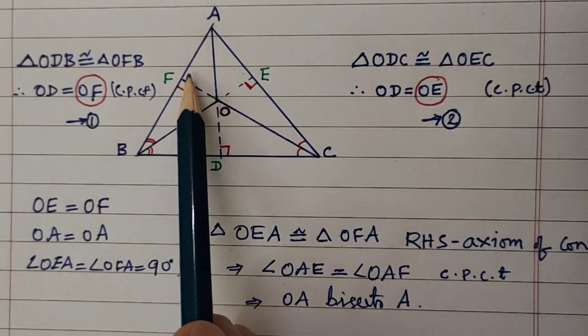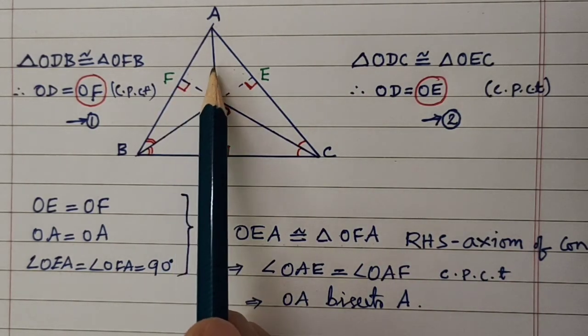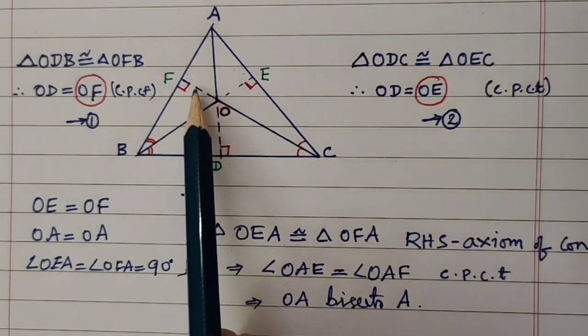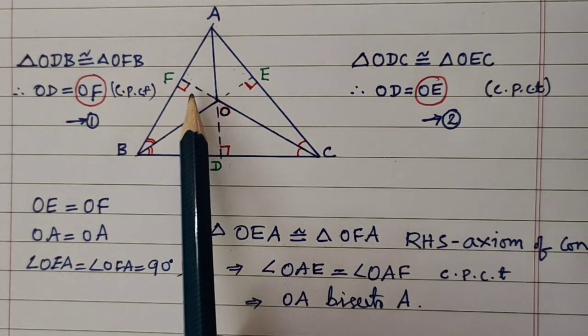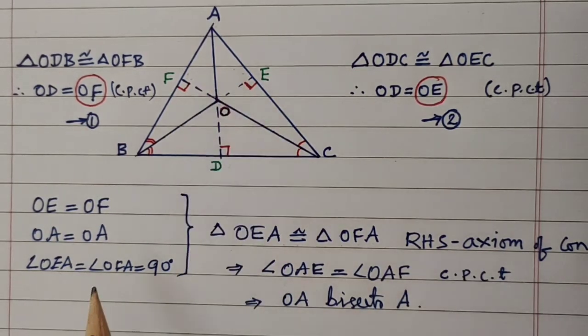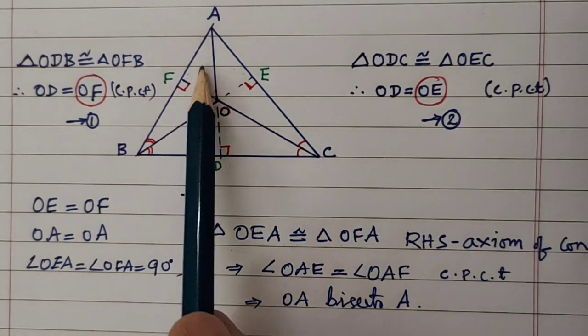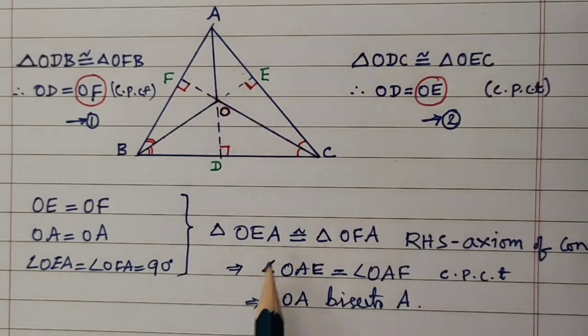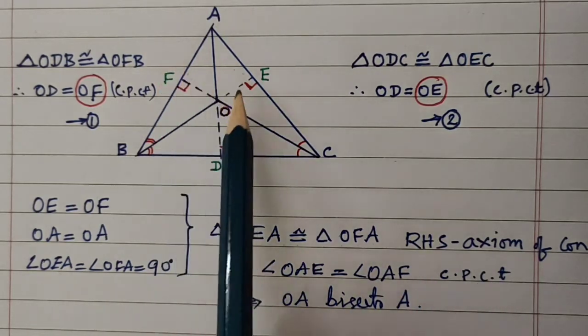In a right angle triangle, when the hypotenuse and one side are equal, then those two triangles are congruent. Because these two triangles are congruent, angle OAE is equal to angle OAF, corresponding parts of congruent triangles.